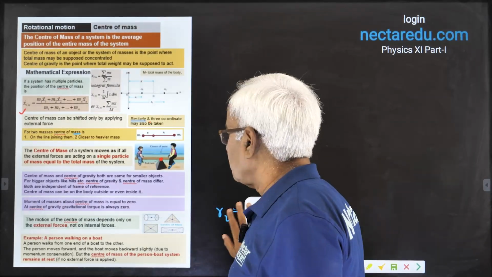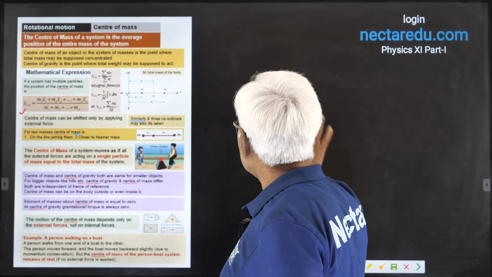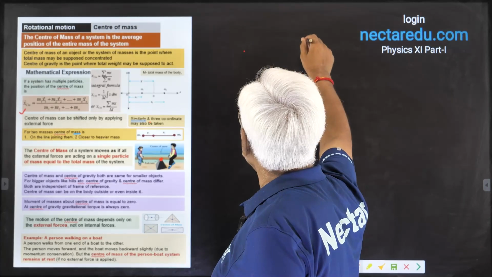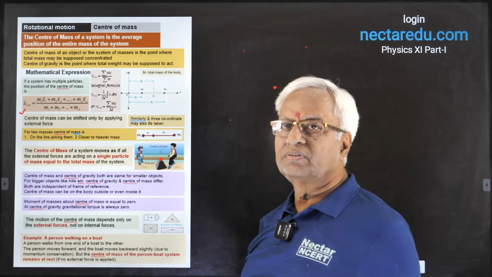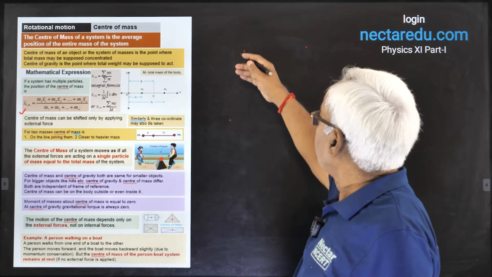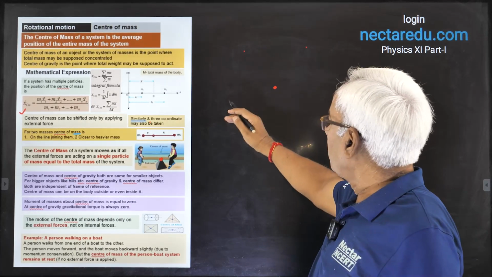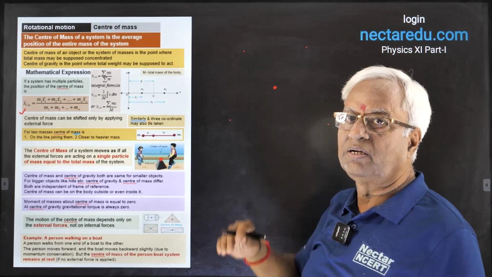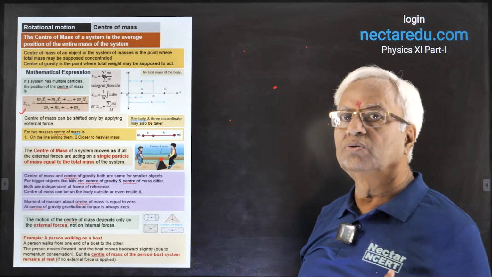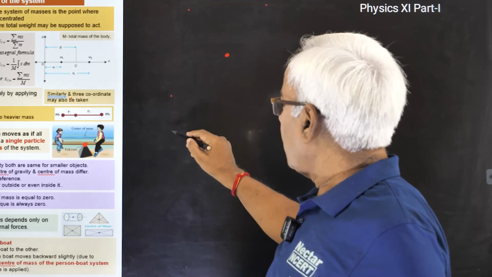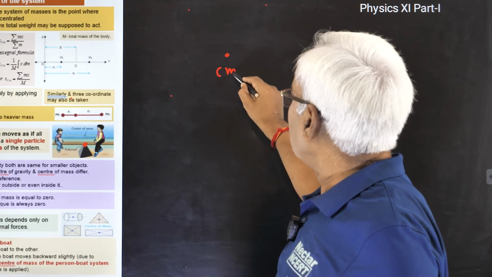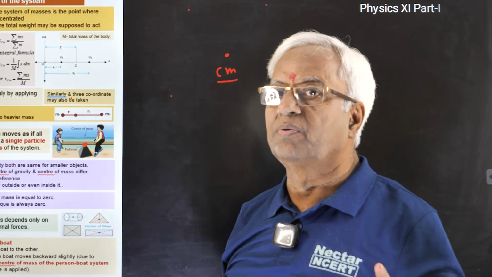And then there goes another thing, that you are having many masses together. There will be one center of mass. If you try to find the moment of all the masses about center of mass, that will be equal to 0. Similarly, if you are having CG, this was about CM, moment is 0.